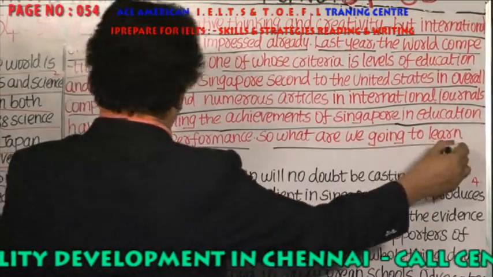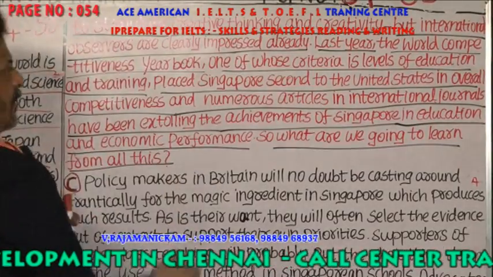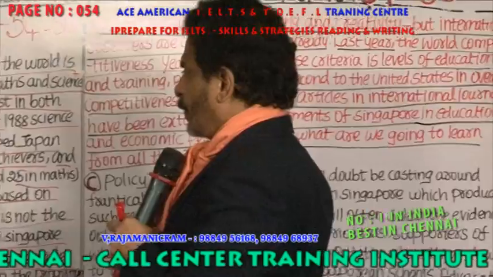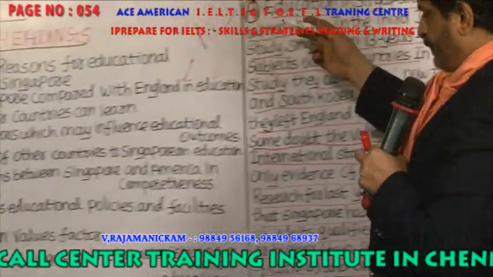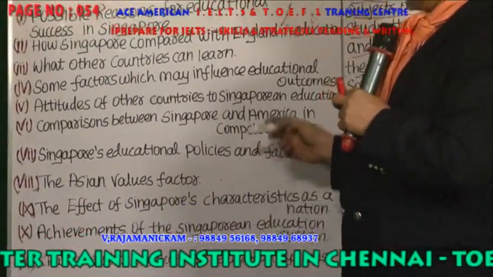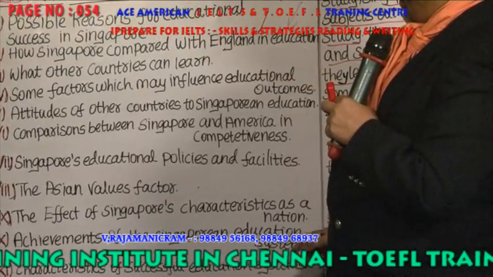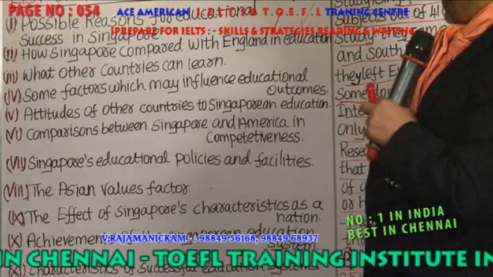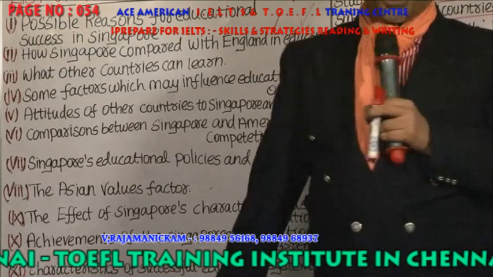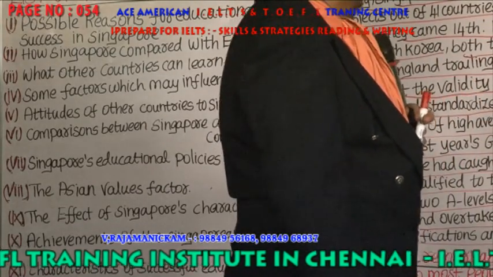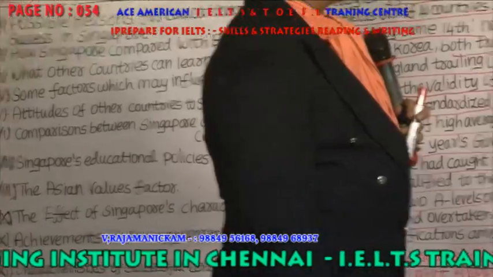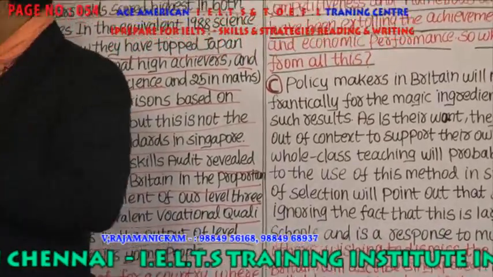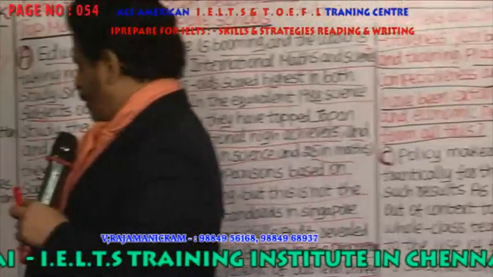So what are we going to learn from all this? So for this second paragraph, what is the answer we can choose? Achievements of the Singapore educational system. The achievements of the Singapore educational system, will it be correct? So this 10th would be matching for B.